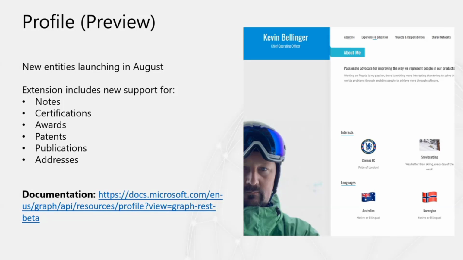But generally speaking, in August, we'll be adding support for about 50% more entities within the profile, things like notes. So the ability to have a personal annotation about yourself and really express a little bit about your personality within your profile as well. There's certifications, awards, and patents.